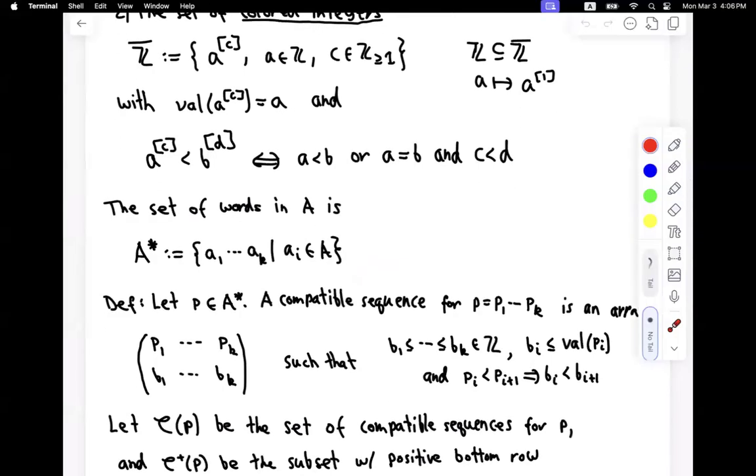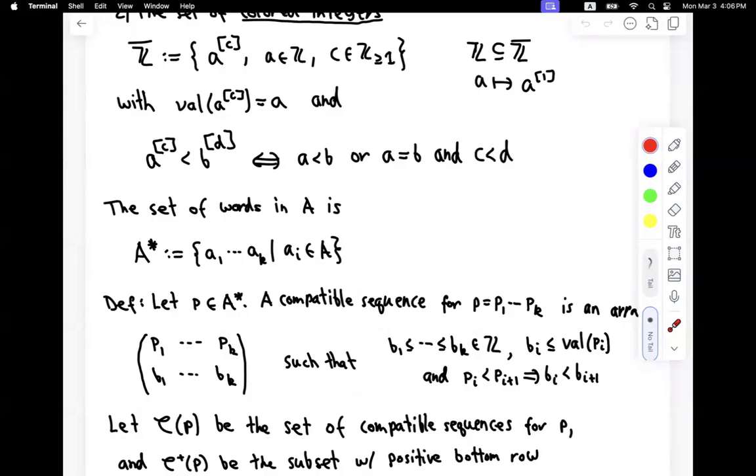The set of words we'll call A star, from computer science. This is just the set of all finite sequences of elements a1 through ak, and we'll write it without punctuation. If I have a word from A star, a compatible sequence is a two-row array where the word itself is on the top row, and on the bottom row we have a word of the same length of integers such that the bottom row is, number one, weakly increasing.